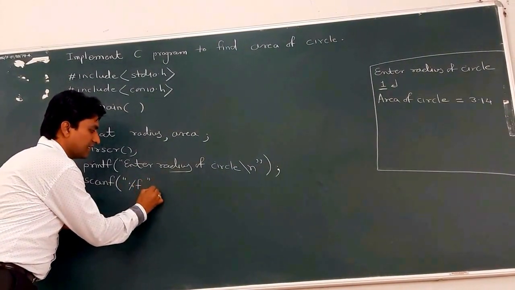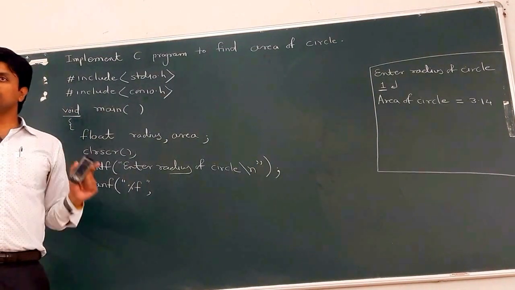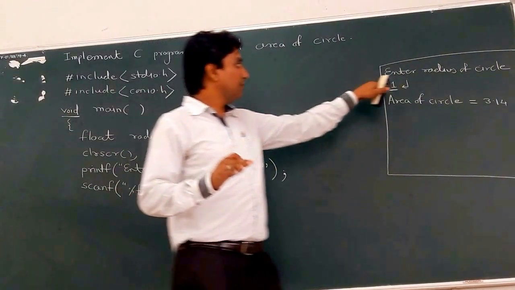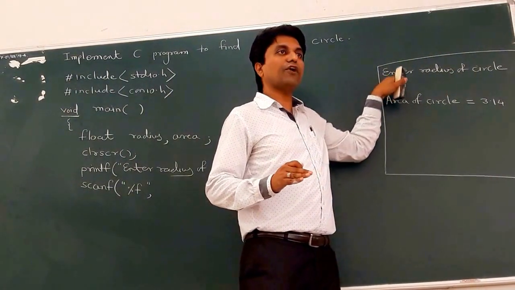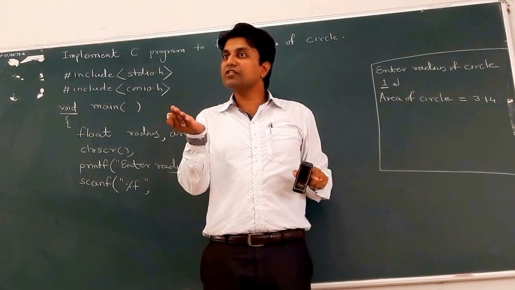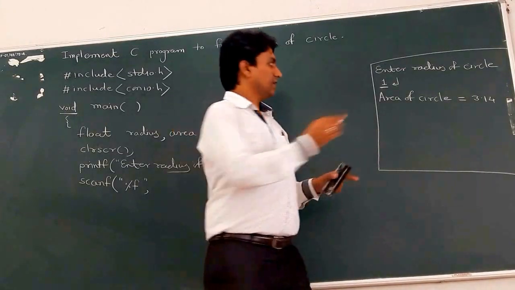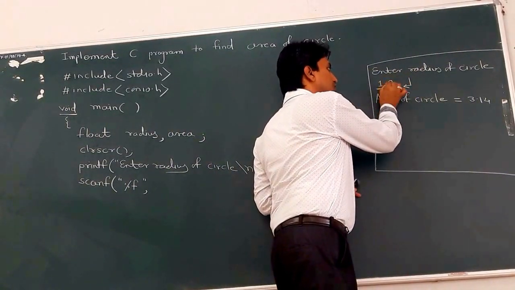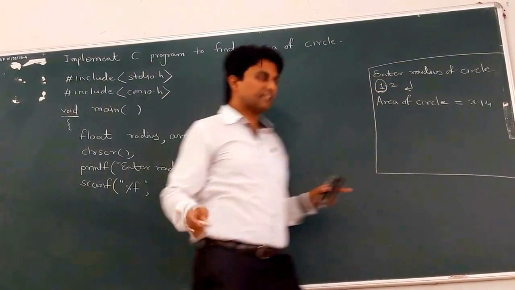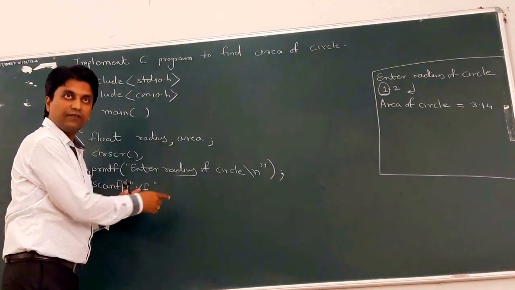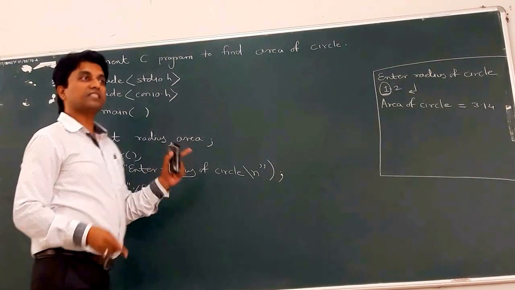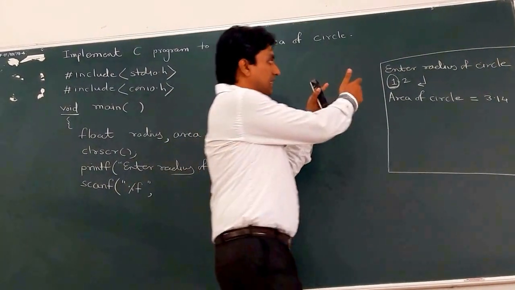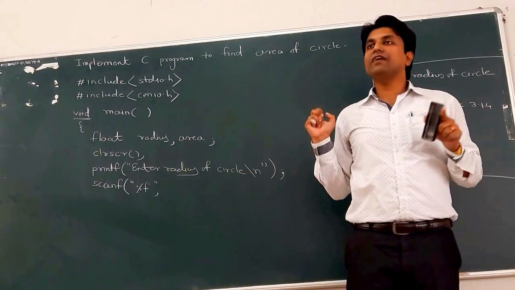So use percentage f. If you use percentage d and enter the value 1.2 and press enter, then only the decimal value 1 is treated and assigned to the variable. If you write percentage d as a formatting type, only the integer part of the float value is taken.